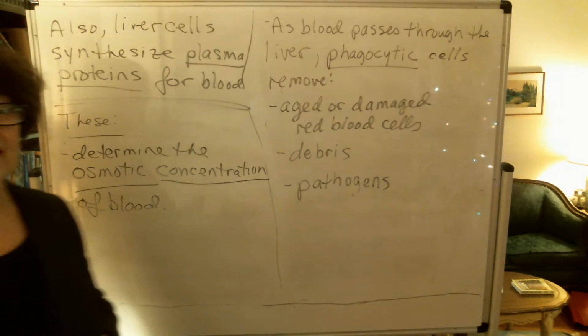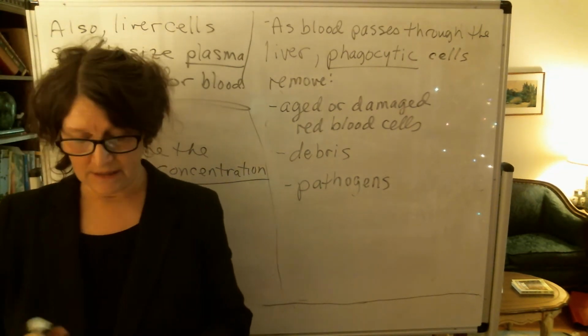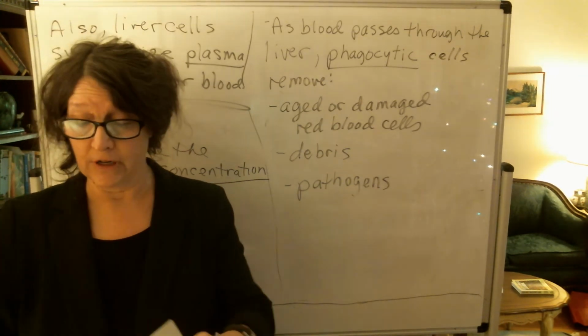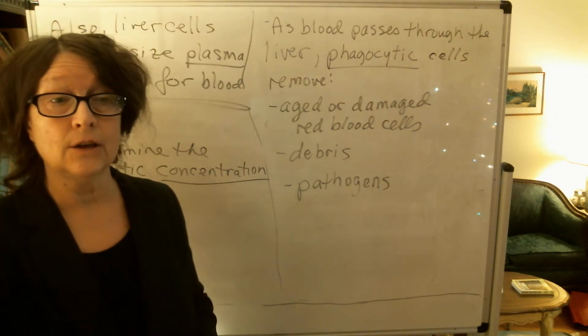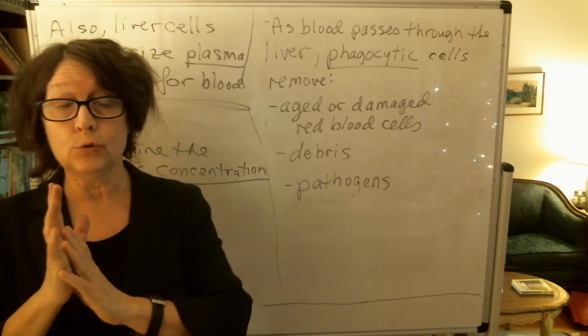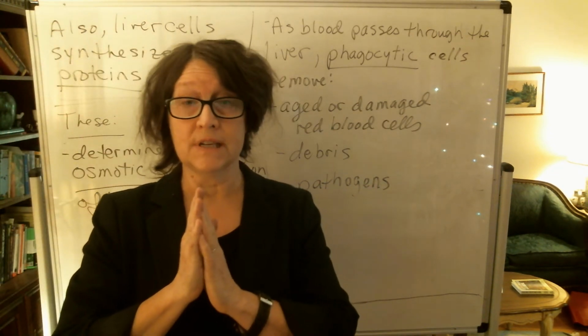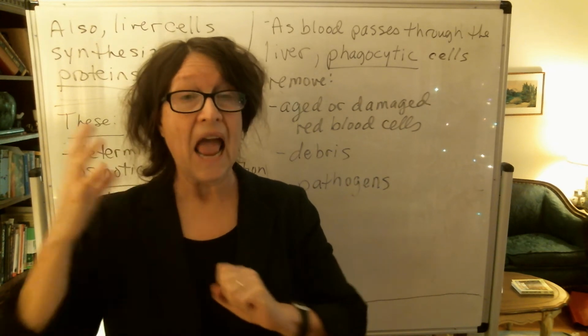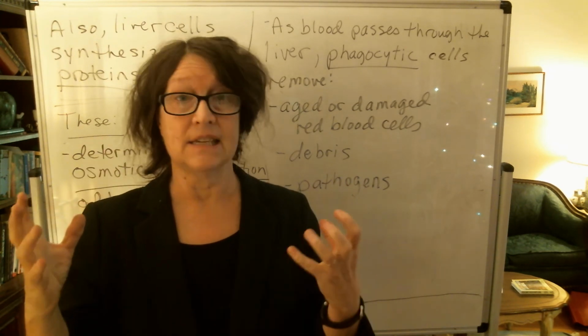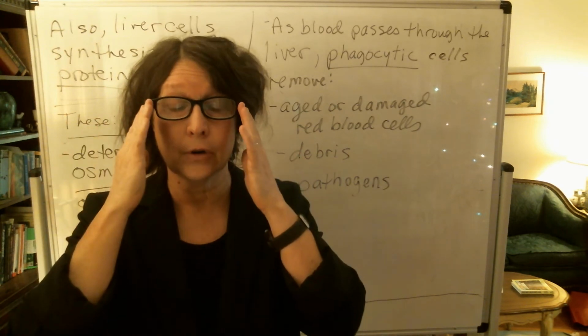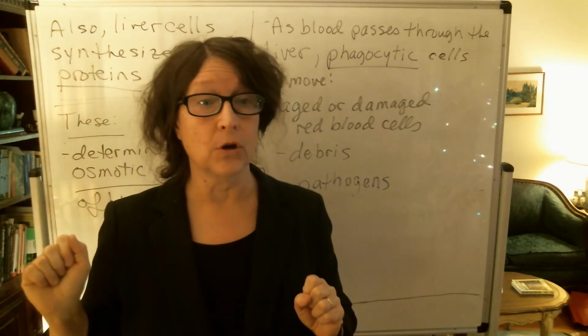Okay, what's that? What is the osmotic concentration of blood? It goes like this. Basically, you need to have the same level of water. You need to have the same concentration of water outside your blood cells as inside your blood cells. This goes for your other kinds of cells as well, but we're talking about the blood.